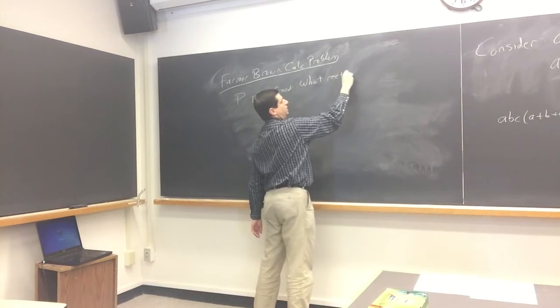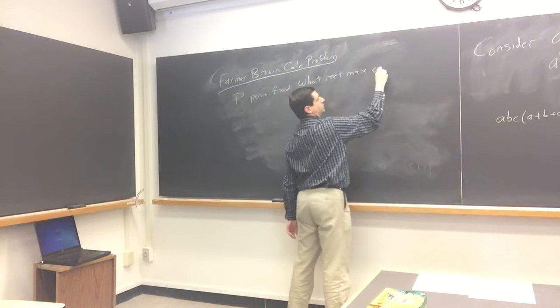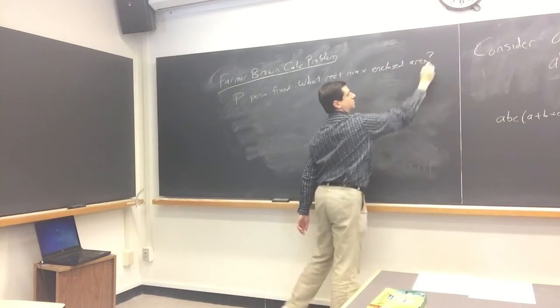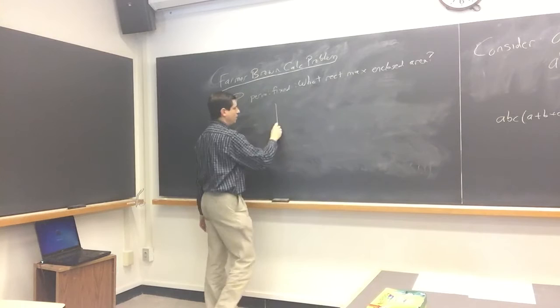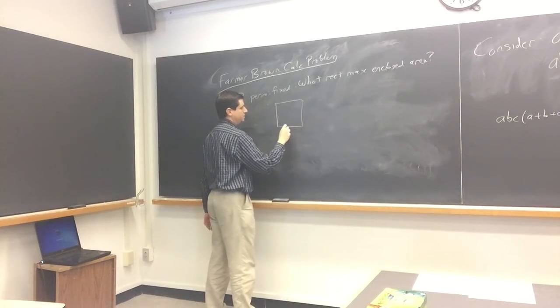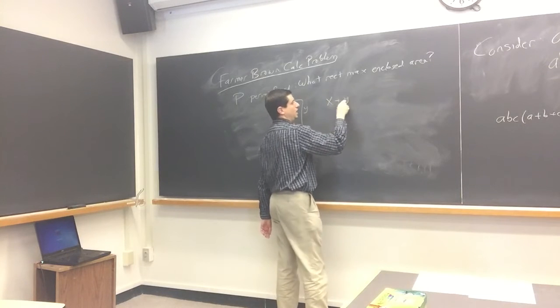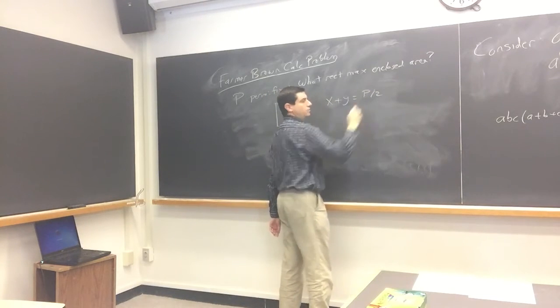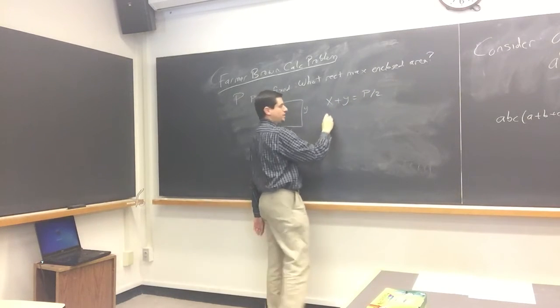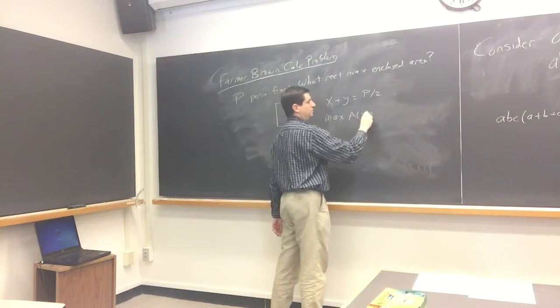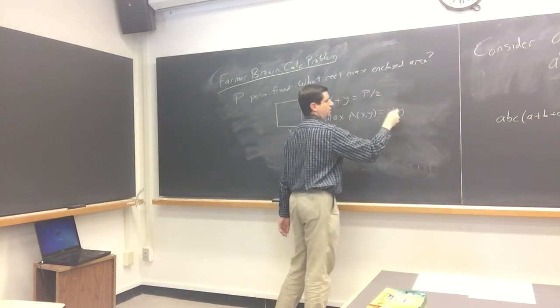What rectangle maximizes enclosed area? And so you might have set up the problem in a calculus class as, here's x, here's y. x plus y equals p over 2. And you want to maximize A of xy equals x times y.